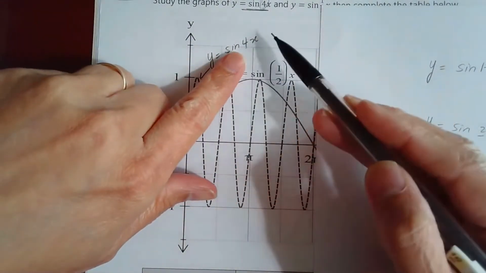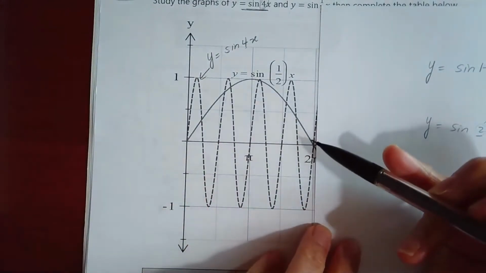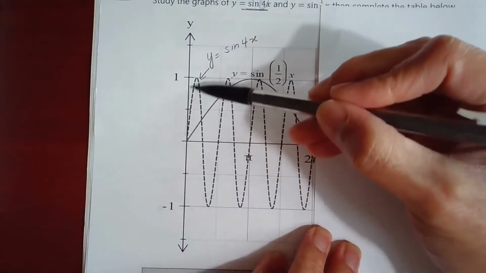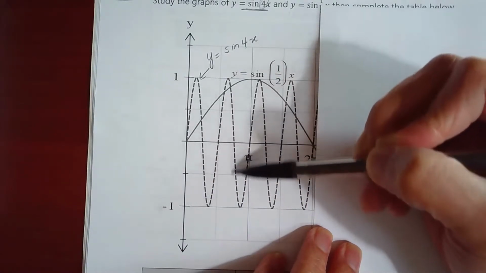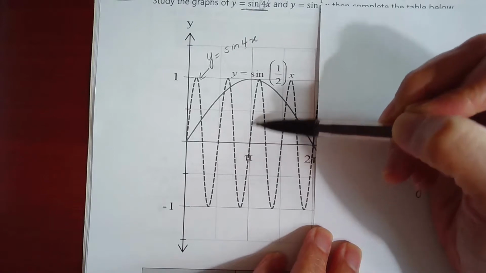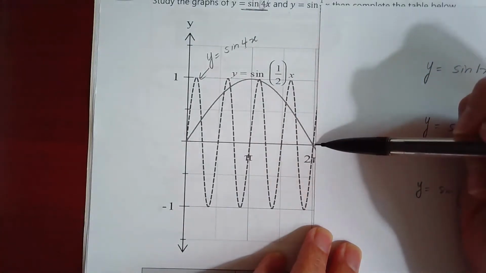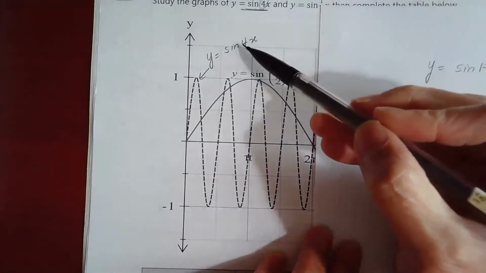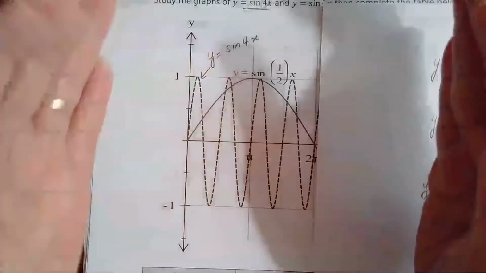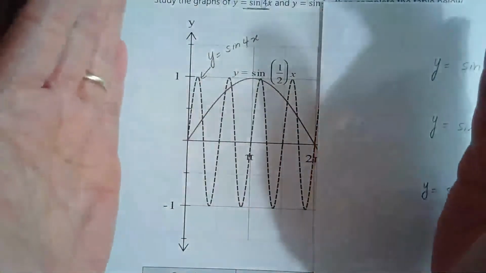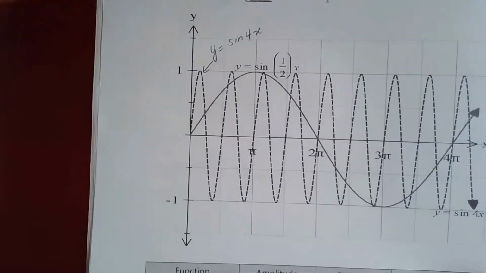The 4 tells you how many complete waves you can fit in 2 pi. See, there's 1, that's 1 complete wave, 2 complete waves, 3 complete waves, 4 complete waves. So how can we fit 4 complete waves in the span of 2 pi? The only way we can do that is if we squish them together. We can compress them together.